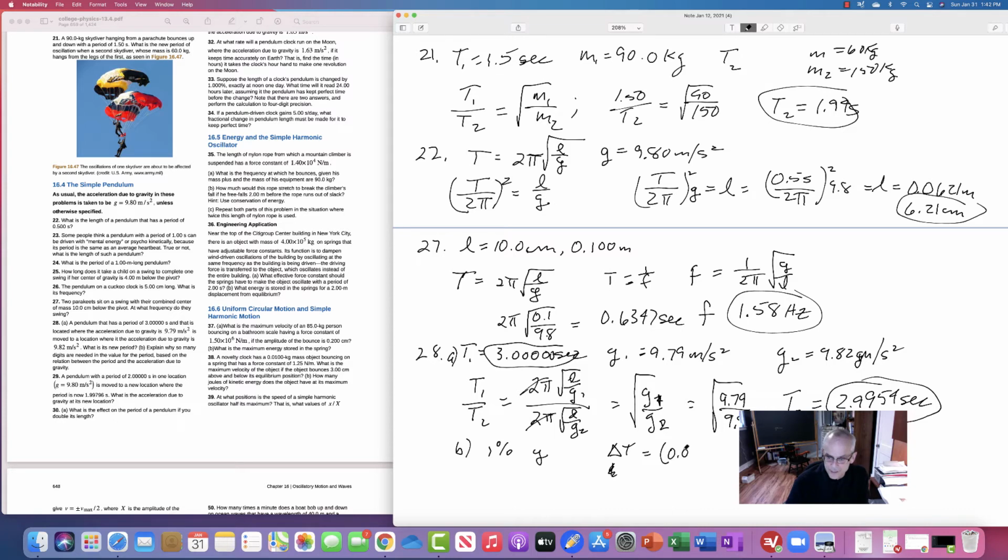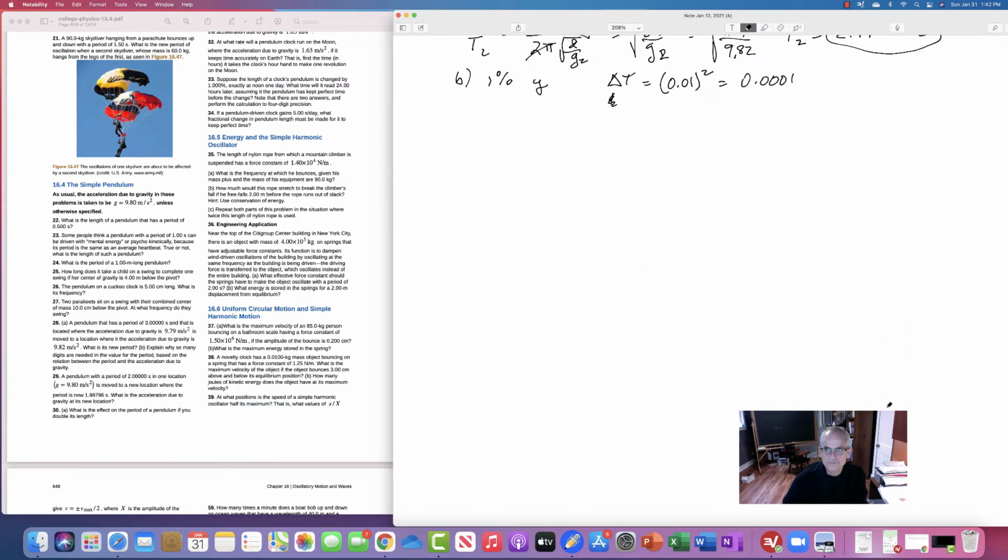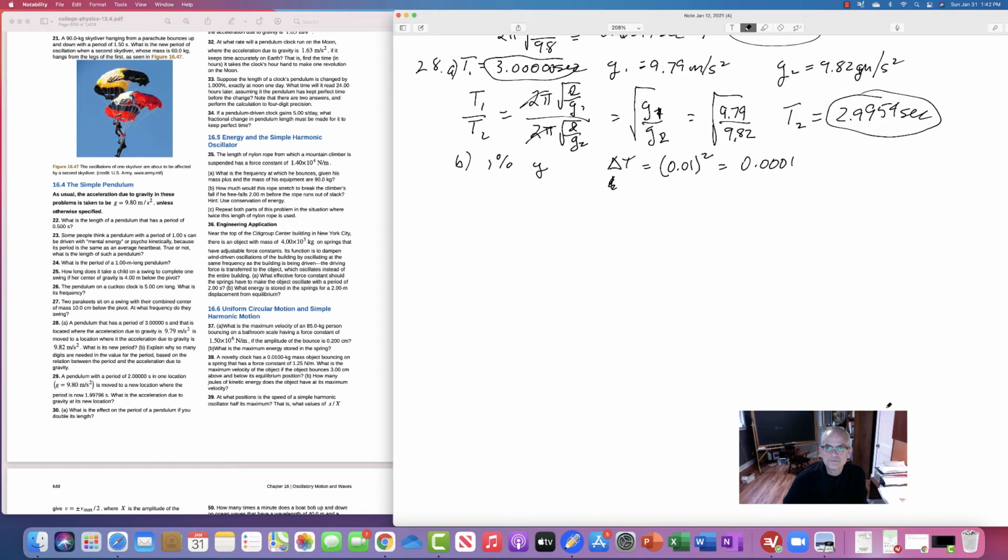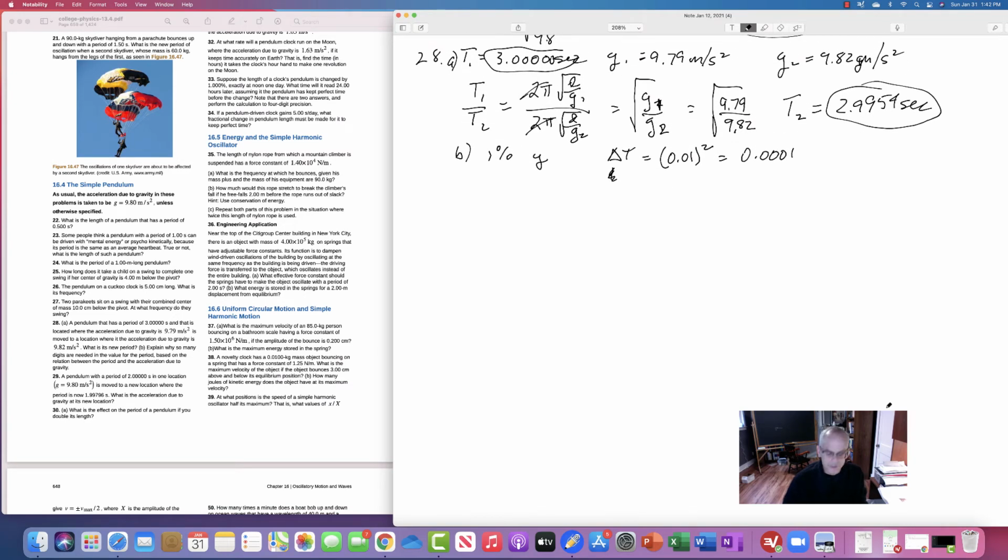So 0.01 is a 1% change in G, but that's going to be squared. So the delta T change is going to be 0.0001. So you need that many significant figures in order to be able to do the problem. I'll leave that like that so you can see it.